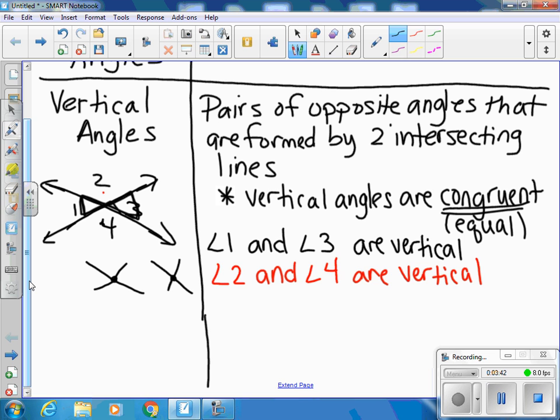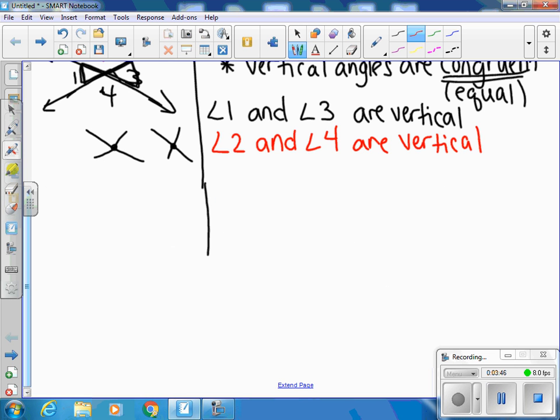And like I said, the measures of them are equal. So if the measure of angle 1, remember that M on the outside means measure of angle, is 42 degrees, then that means that the measure of angle 3 in our picture is also 42 degrees, because vertical angles are always congruent. There's no math to do here. If they're vertical, they're equal.